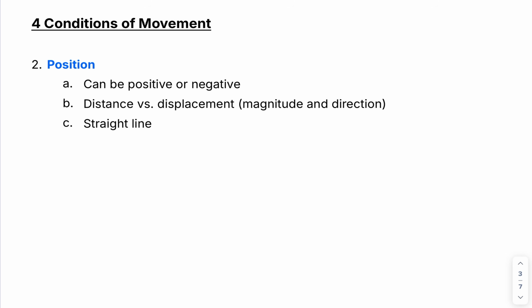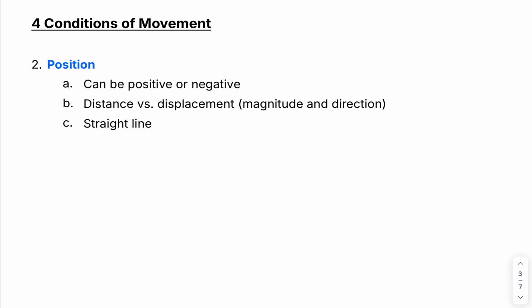Now, there is a difference between distance versus displacement. We talked about distance. We know things like the distance of a meter, or a centimeter, or a foot, or a yard, or even a mile. Those are all distances.